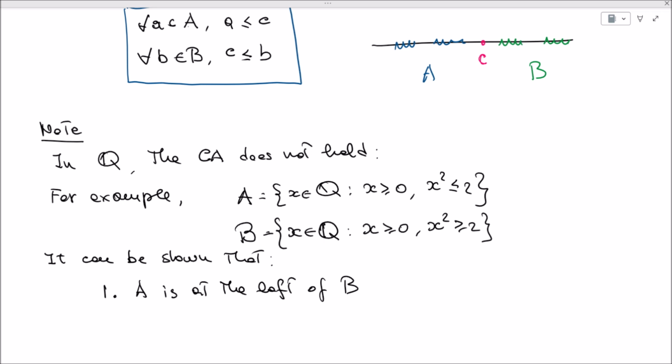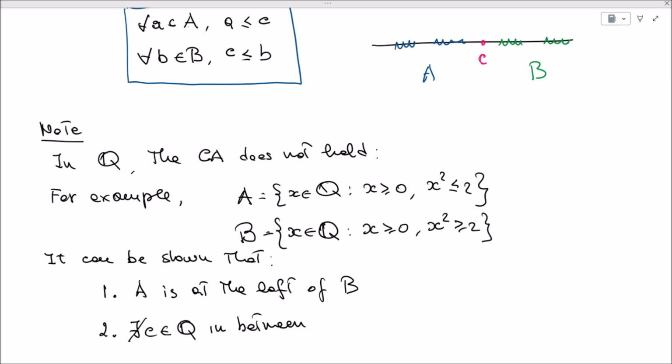Because if a rational number has its own square less than or equal to 2, and the other ones are larger than or equal to 2, clearly one is to the left of the other. So the second is that there is no rational number C in between.